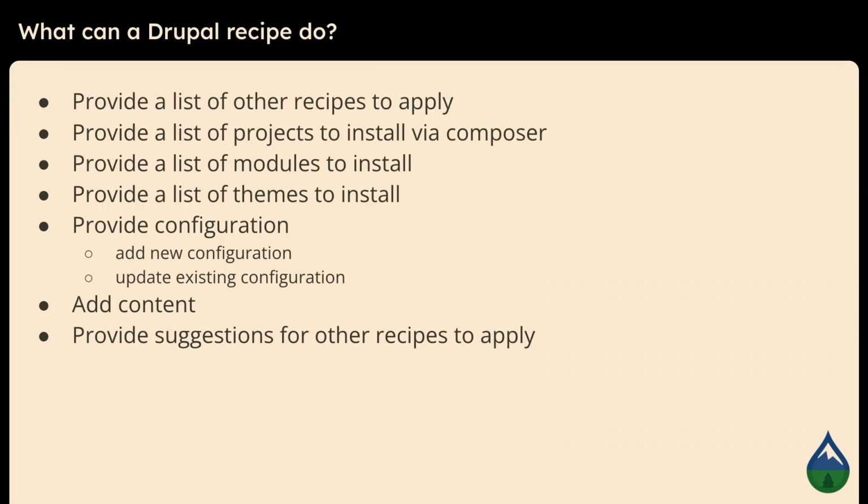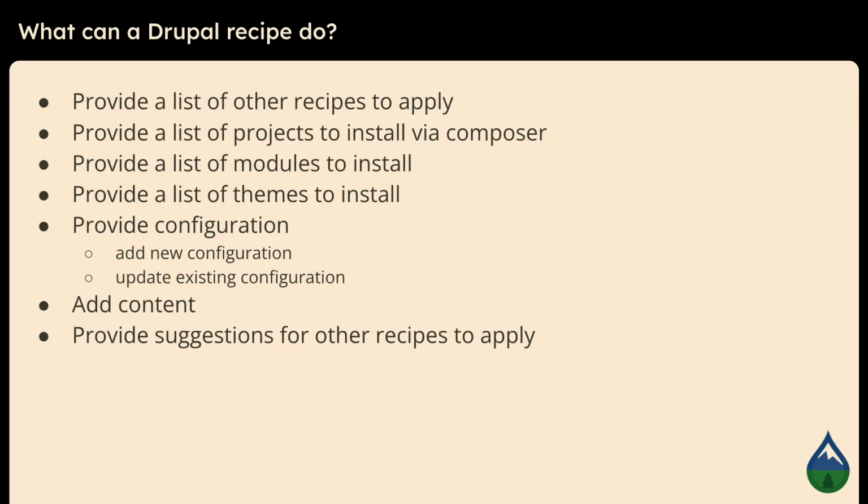So a recipe, like a module, is comprised of a Composer file with all of its dependencies, any modules that recipe needs in order to work, and any other extra packages. And because of that, we are encouraging people to add their recipes on Drupal.org so that they are easily discoverable.